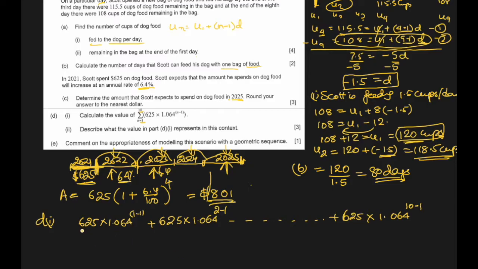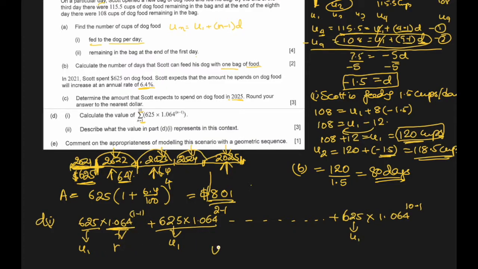If we see, every part here has one fixed part. Can I call it U1? U1, U1, U1. Also they have the same number being multiplied but with different exponents. So can I call it R, right? And we have n minus 1.